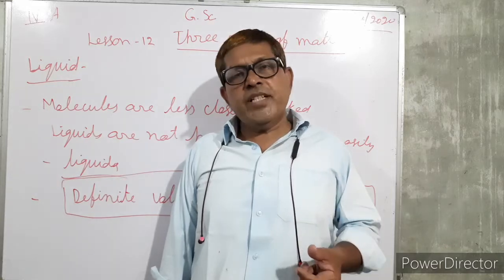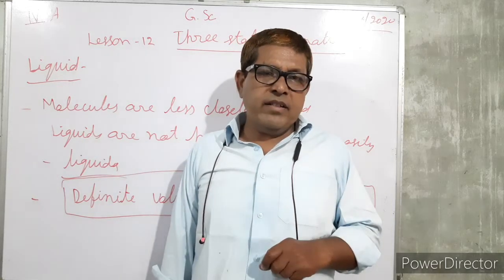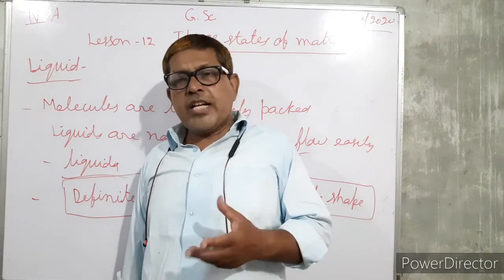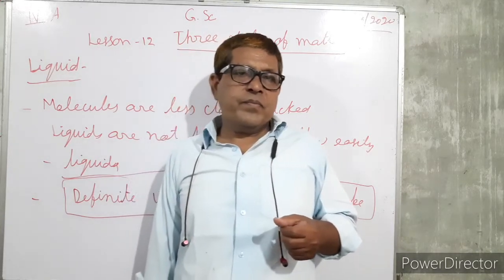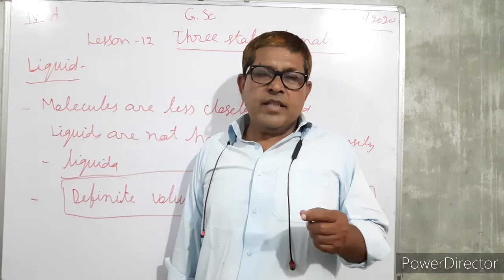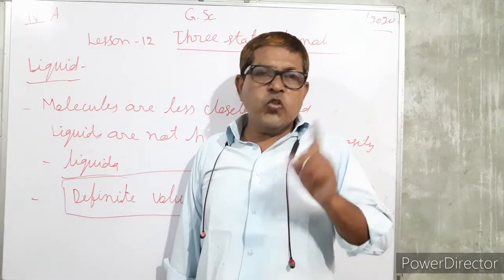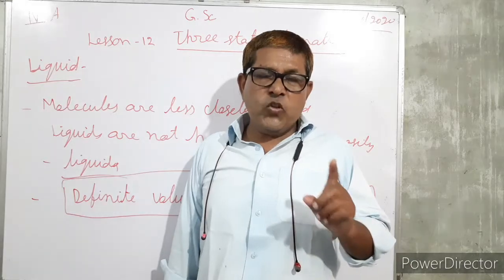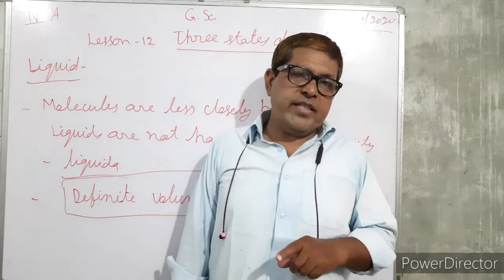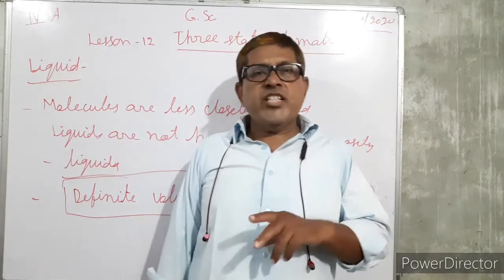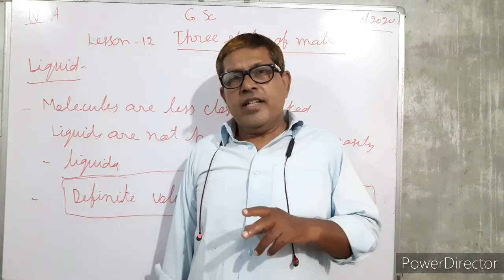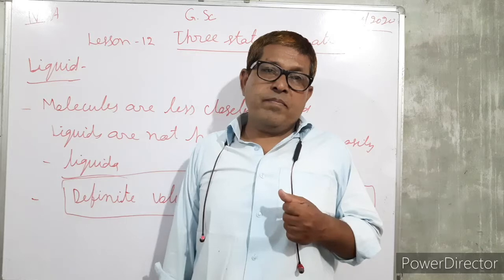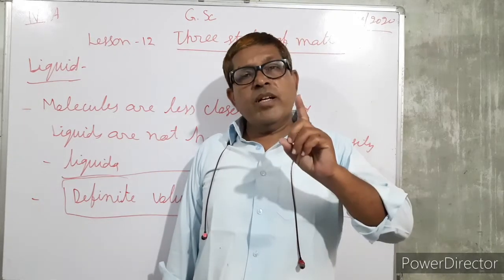If you keep this 1 liter of the water in circular vessels, the liquid will be changed into circular shape, but the volume will be constant.